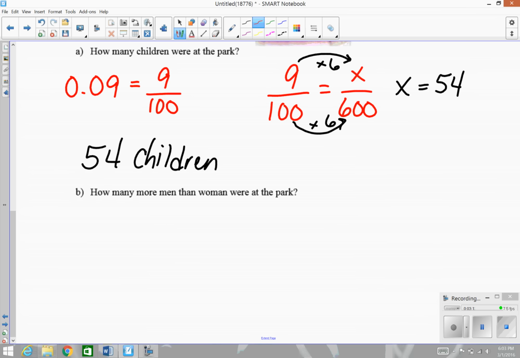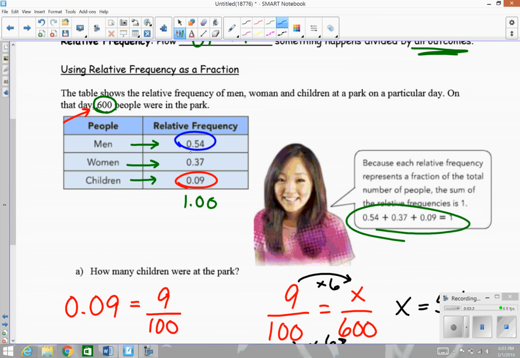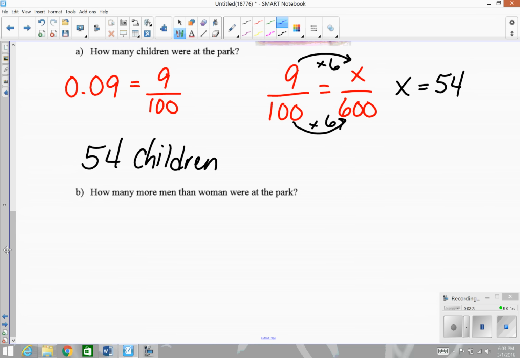This question asks, how many more men than women were at the park? So we'll go back up to our chart and we will pull the frequencies for men and women. So we have for men 0.54, which is 54/100ths. And we can set that equal to x over 600.